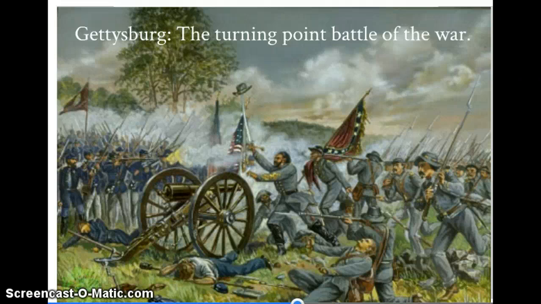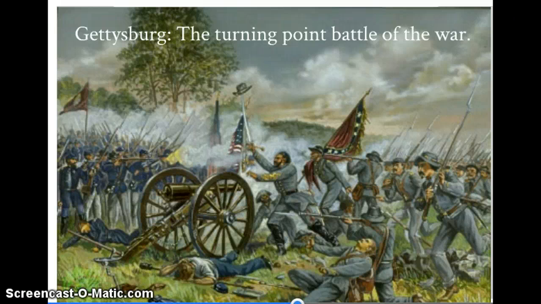The key here is that the Confederacy had a much smaller population, so replacing these soldiers was going to be nearly impossible for the Confederacy to do, which was why the Union understood that winning this battle the way that they did, they knew that the war would eventually end.